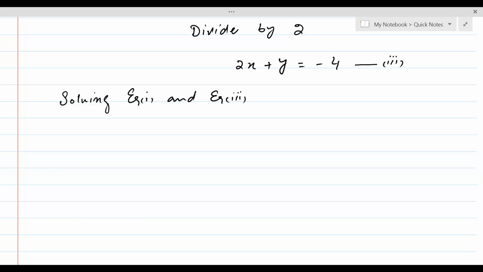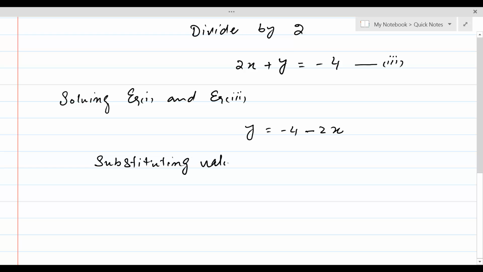So if that is the case, then let's get the value of y from equation 3. That will give us y is equal to minus 4 minus 2x, and we substitute this value of y in equation 1.